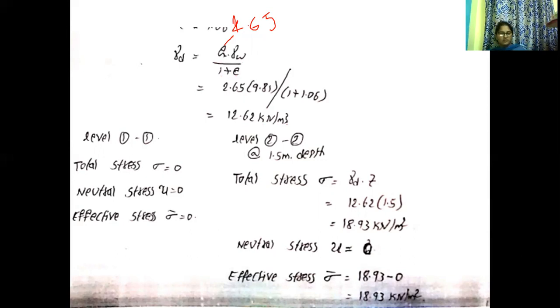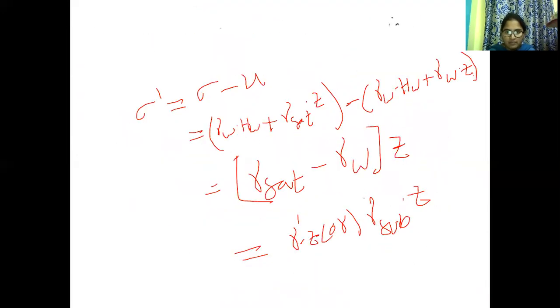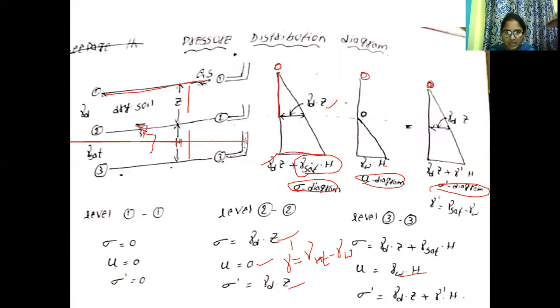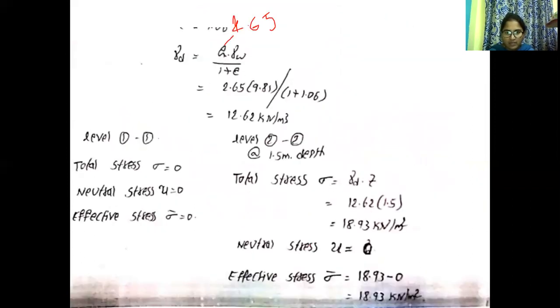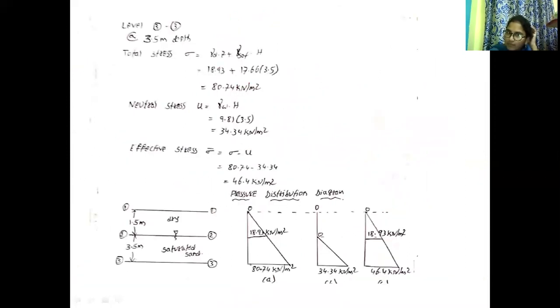Now draw the pressure distribution diagram. First one is sigma is equal to gamma d into Z. Gamma d into Z plus gamma sat into H. So we can read the diagram and solve these things.